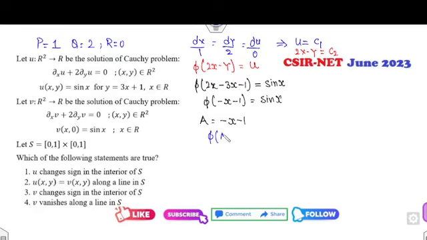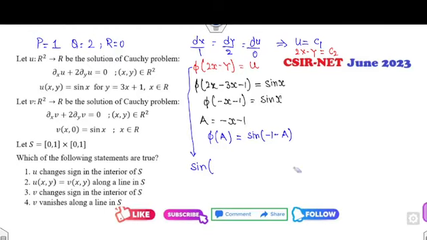So my solution is phi of a, where the value of x will be minus 1 minus a. So therefore this solution is my sine of minus 1 minus of 2x minus y. Is it wrong? Sine of a is sine of this. No, sorry. I have to substitute at this point.